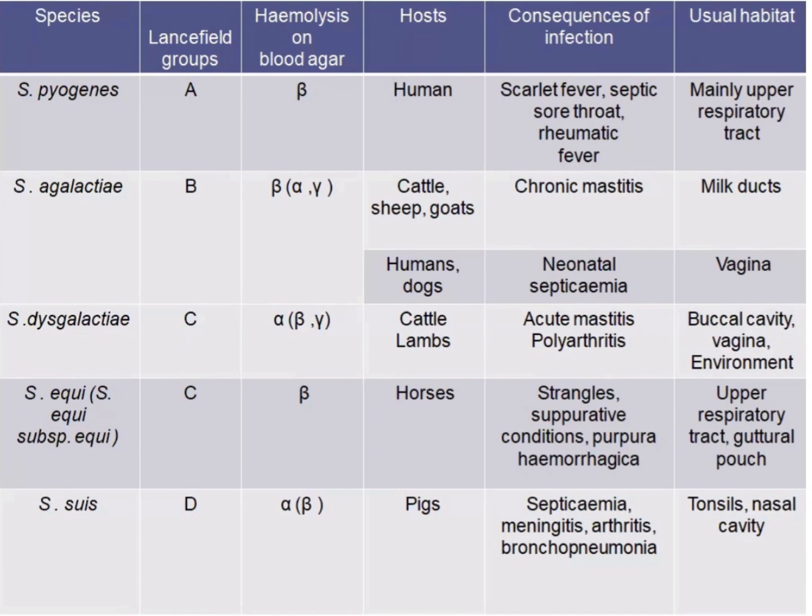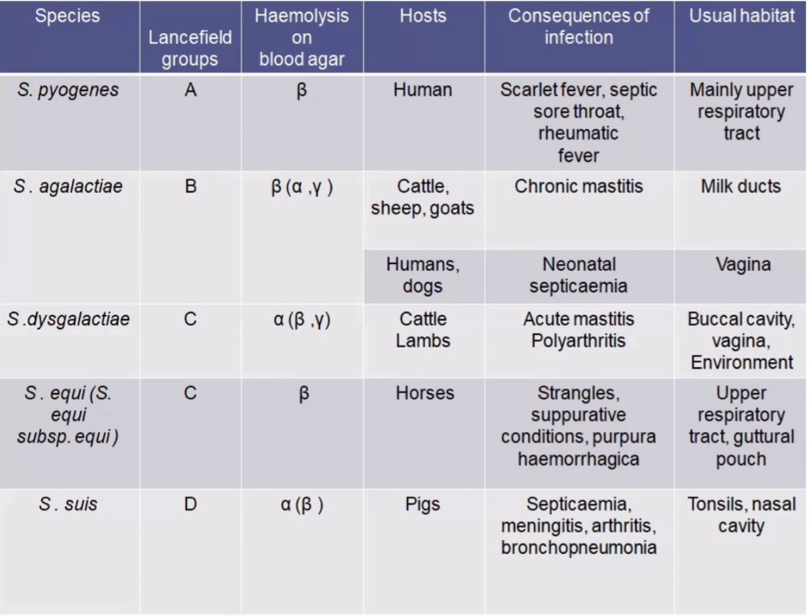The usual host is humans for Streptococcus pyogenes, and they cause different disease conditions in humans, that is scarlet fever, strep sore throat, rheumatic fever. So these conditions are caused by Streptococcus pyogenes, and the usual habitat is mainly the upper respiratory tract of human beings.